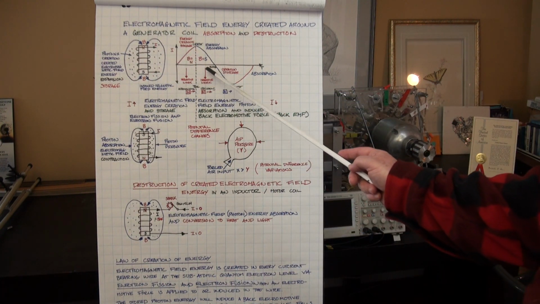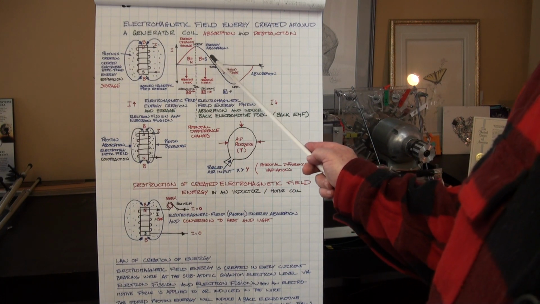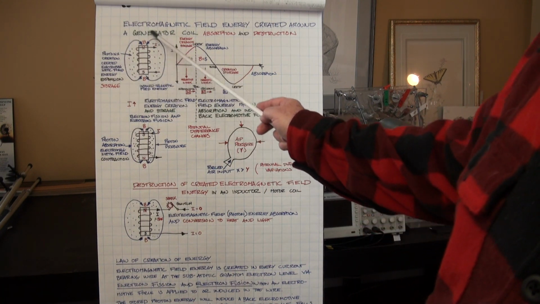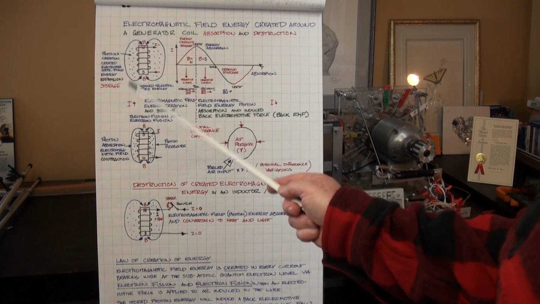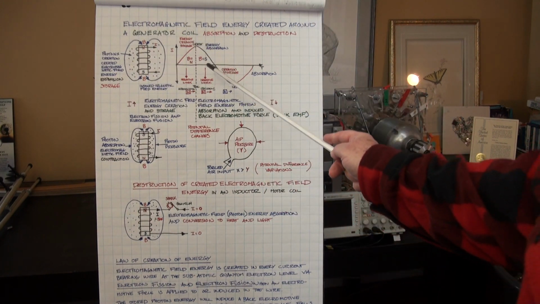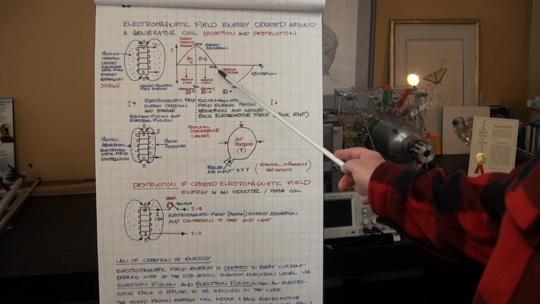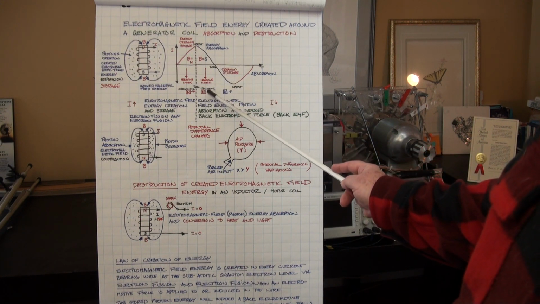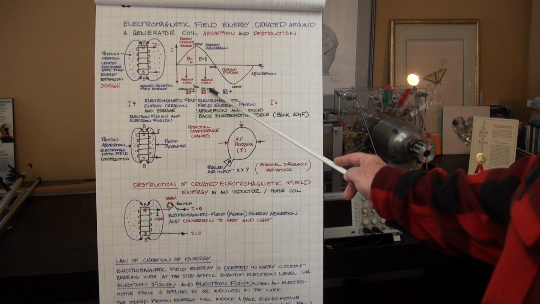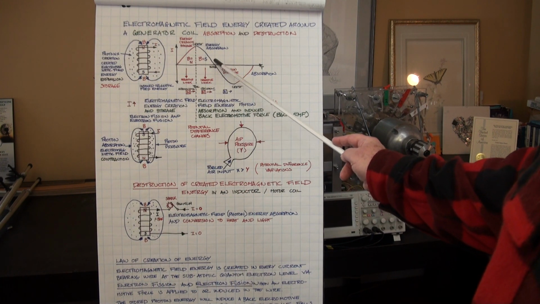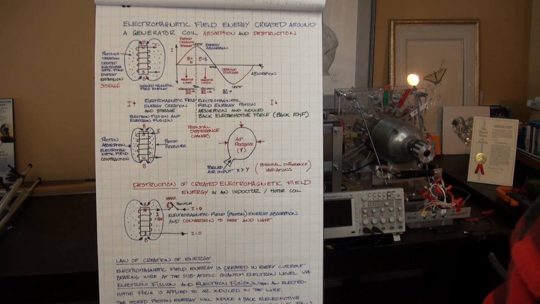And incidentally, the generator coil does not start generating electricity in the opposite current direction until a south pole magnet comes into position.